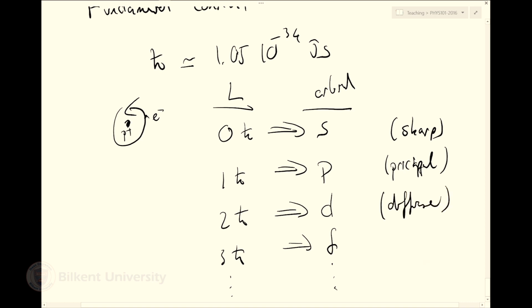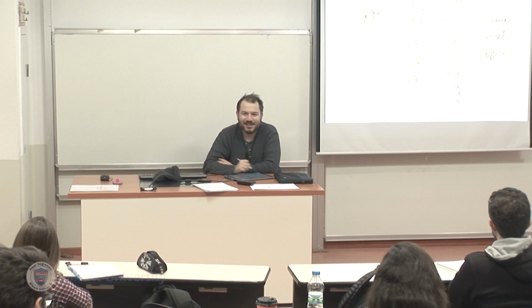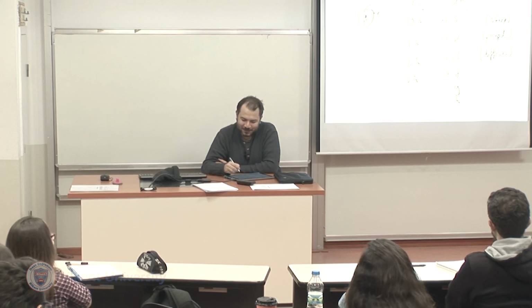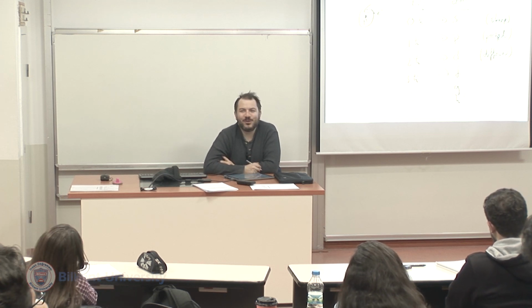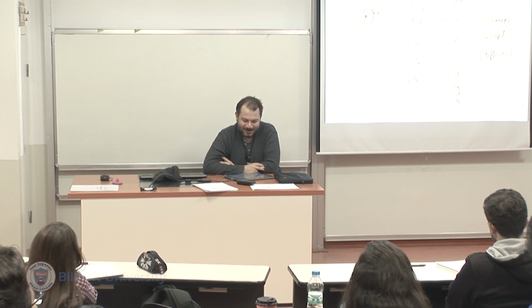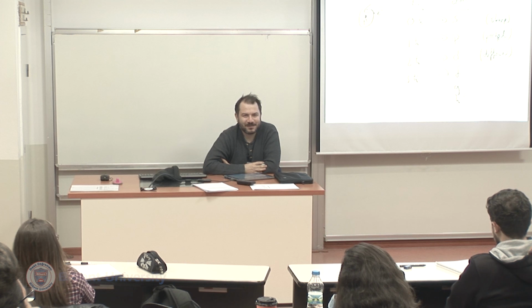I think F is called fundamental. And I think the spectroscopists, the chemists, run out of creativity at that point and just revert back to the alphabet after that. But nonetheless, I think for those of you who are going to take a chemistry exam, it's nice to know the historical background for these strange letters.